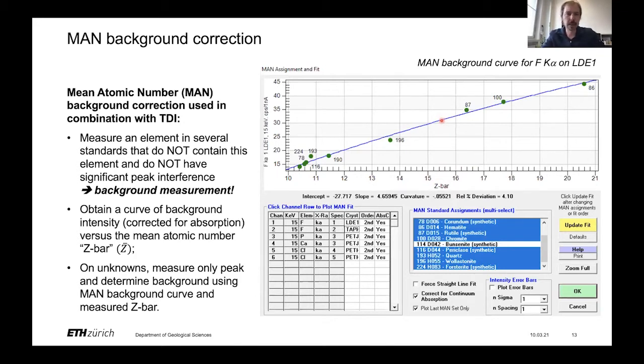This technique is really wonderful because it works as low as 200 to 500 ppm for accurate results. And for maps, this is absolutely ideal because we don't need to acquire a second map with the background measurements. So this is really the way to go for background correction.